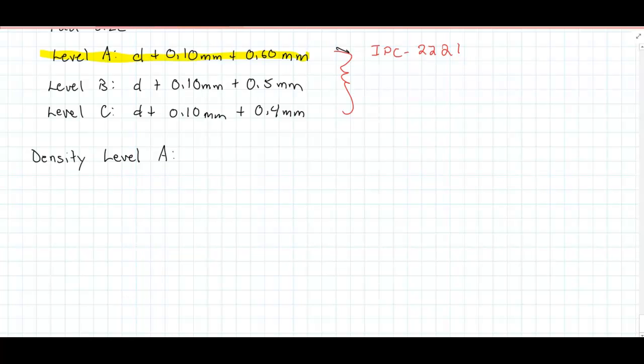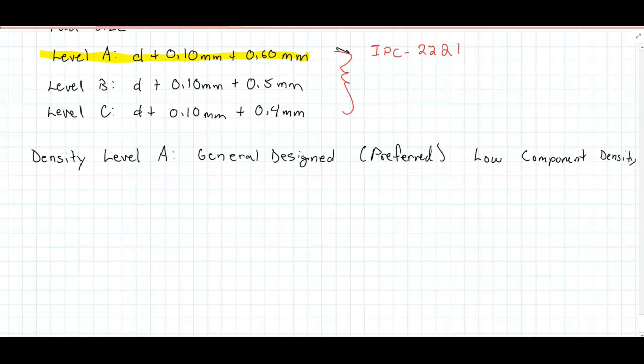This is general design. And this is, quote, preferred. When they say preferred, you have to think about this. This is what's called low component density.